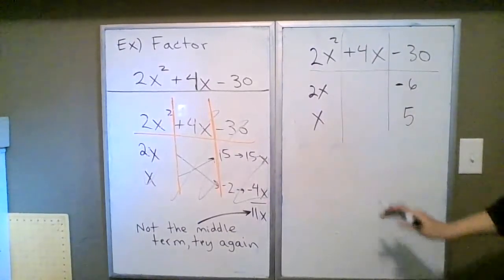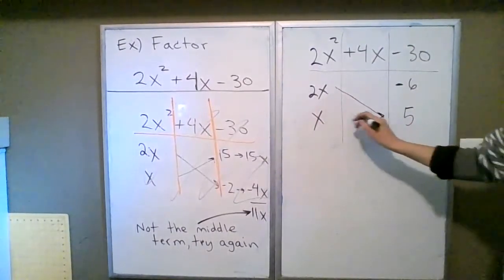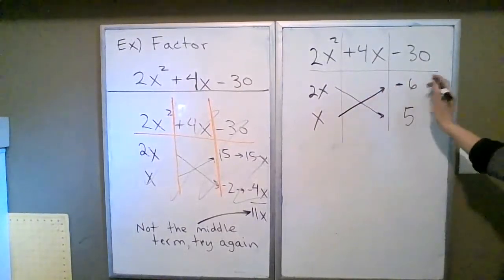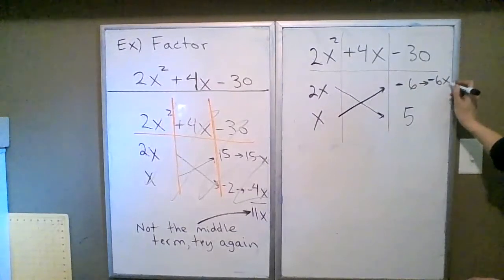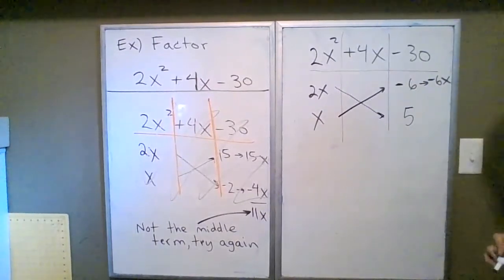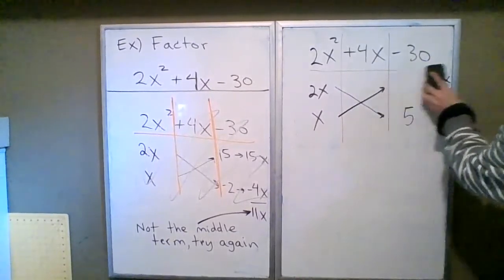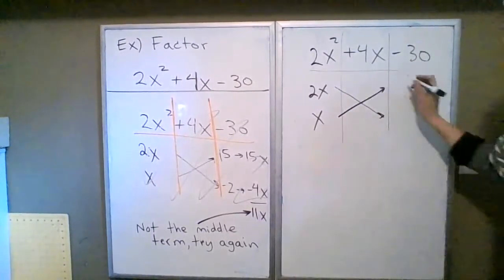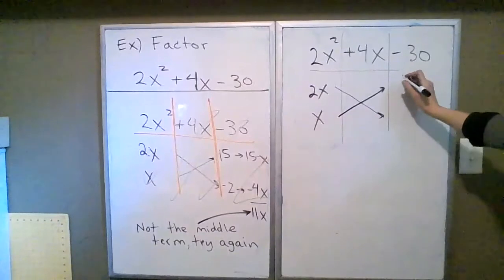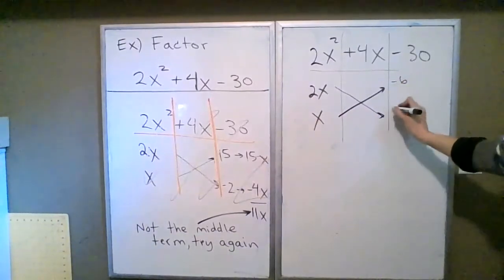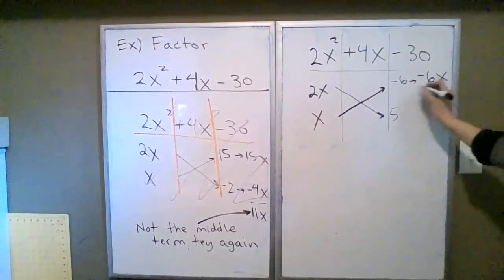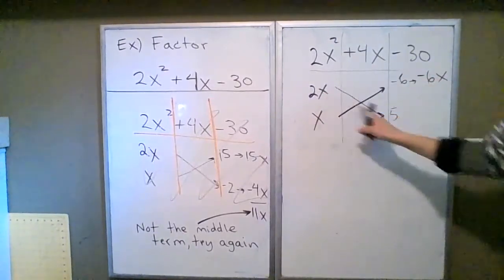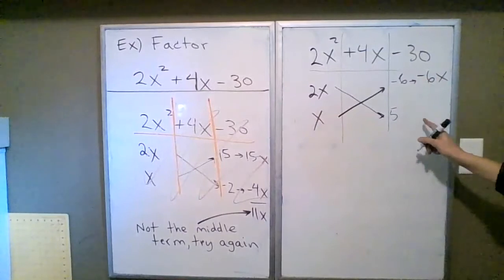Okay, so then we're going to cross multiply. X times negative 6 is negative 6x. Need more space. 2x times 5 is positive 10x.